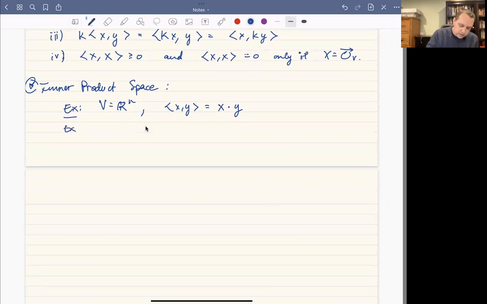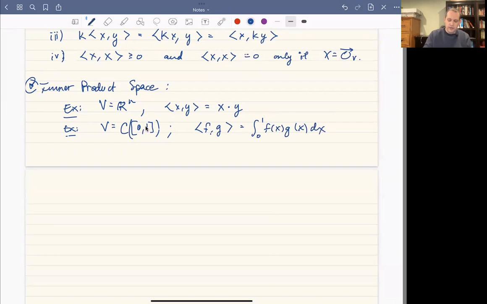You could talk about, for example, the vector space of the continuous functions over the interval from 0 to 1. That would be an example of an infinite dimensional vector space. And here, the vectors, if you want to think about them, are the continuous functions f and g. And you could define lots of inner products, but one of which could be the integral of f times g from 0 to 1.